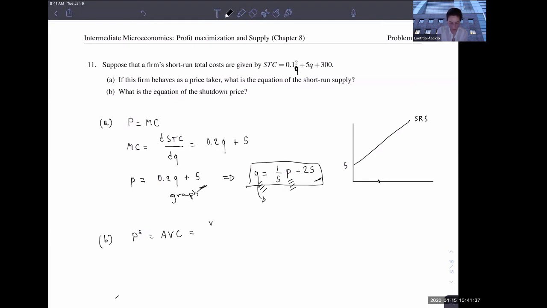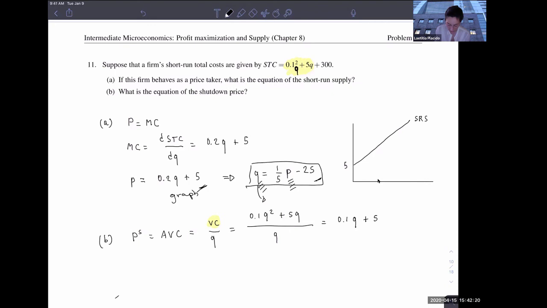Well, it's the variable cost over Q. The variable cost is the part of the total cost equation that depends on Q. Basically that's 0.1Q to the power 2 plus 5Q. You plug this in the equation and divide it by Q, and you end up with 0.1Q plus 5.